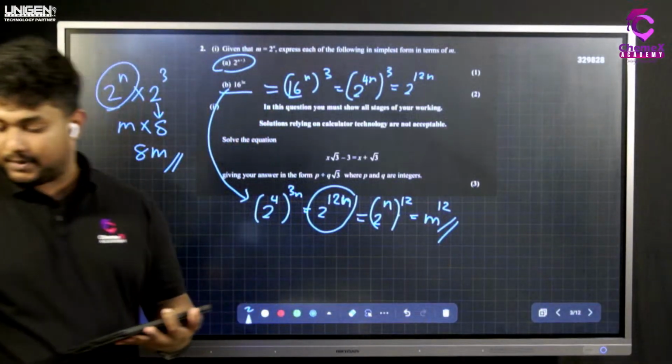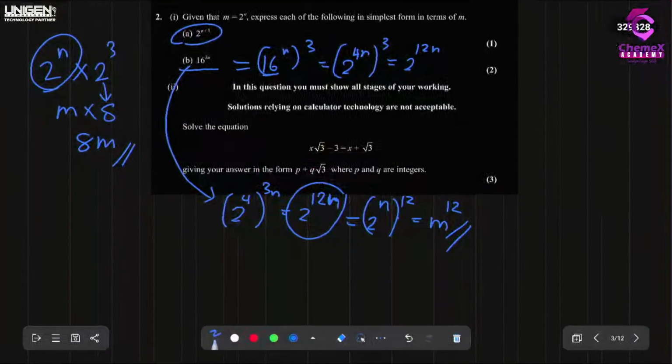Any doubts with that part? No, sir. Okay. Anyone has doubts? How to write in terms of m? Nilusha, you are silent, right? You can ask any question you want if it's not clear for you. Okay.